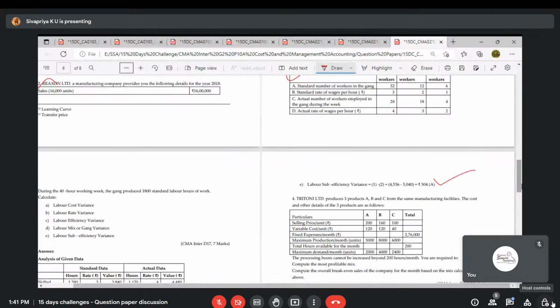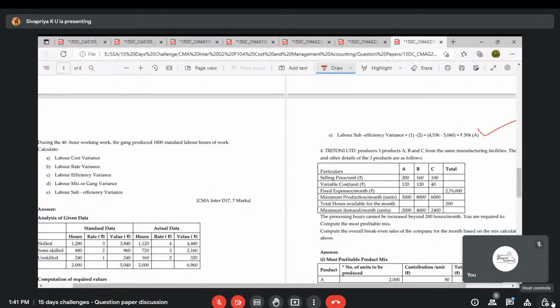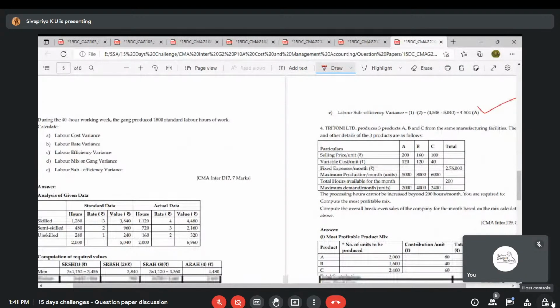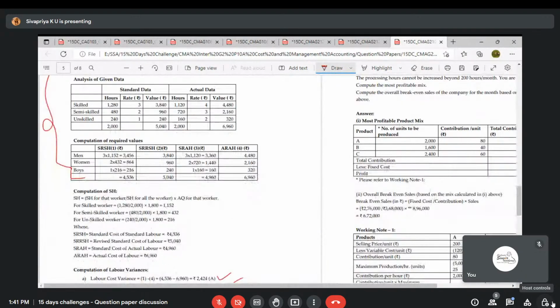Answer is 504 adverse. These are the workings, for how we calculate the standard and actual.